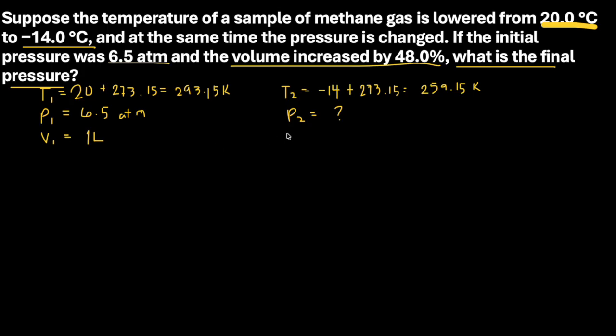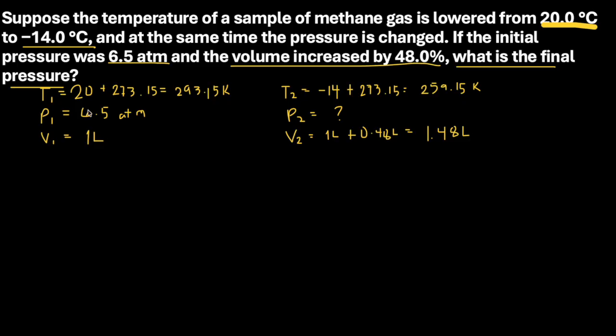And it says it increased by 48%. So what is 48% of 1? That is 0.48. So 1 liter, it increased by 0.48 liters. So your V2 now is 1.48 liters.